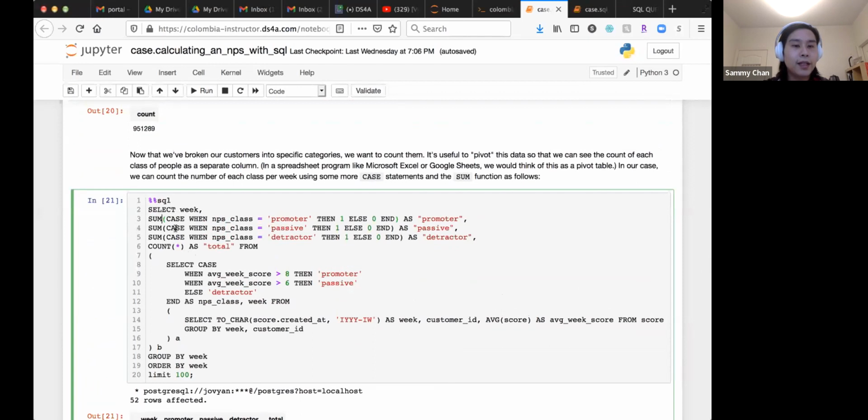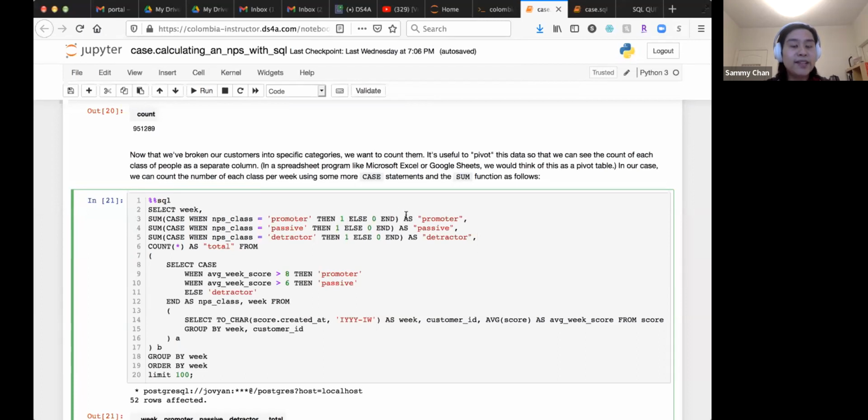So here is select the week, and then this is where we do the sum. So case when NPS class is a promoter, then we count it in. Else, if it's not a promoter, then we don't count it.